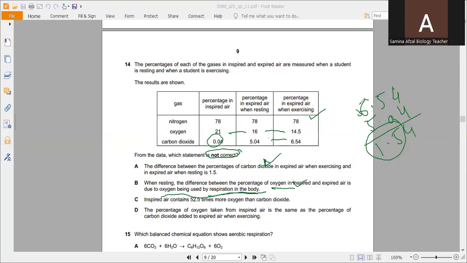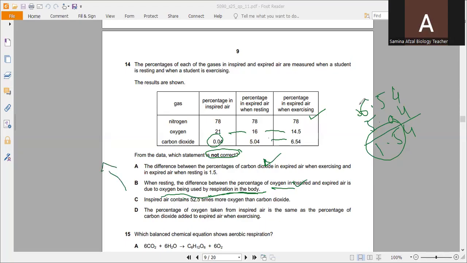Inspired air contains 52.5 times more oxygen than carbon dioxide. Oxygen is 21%.